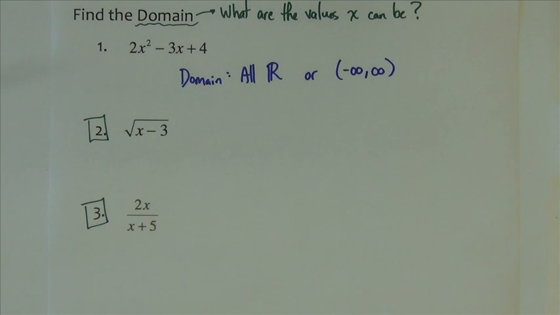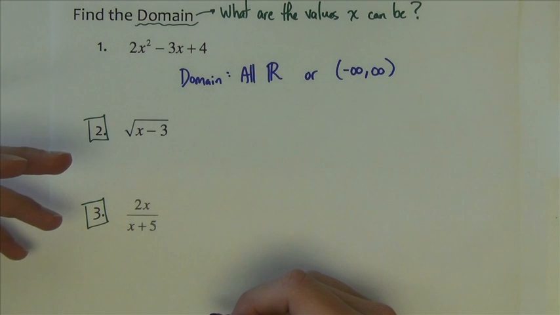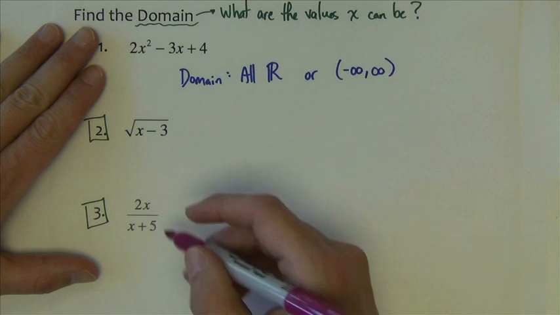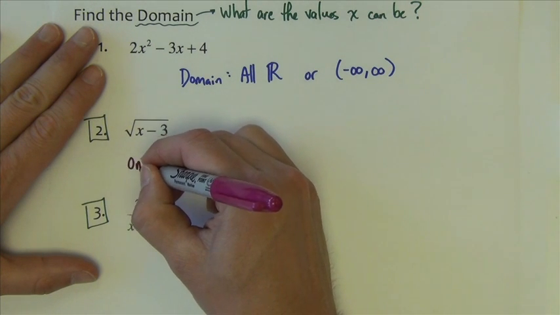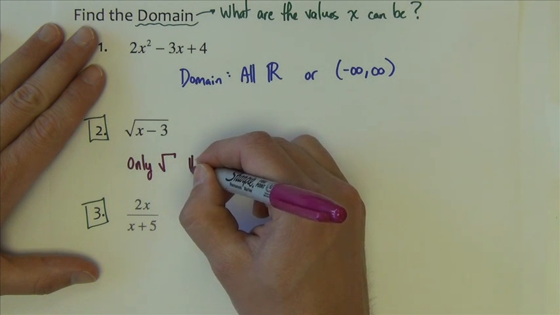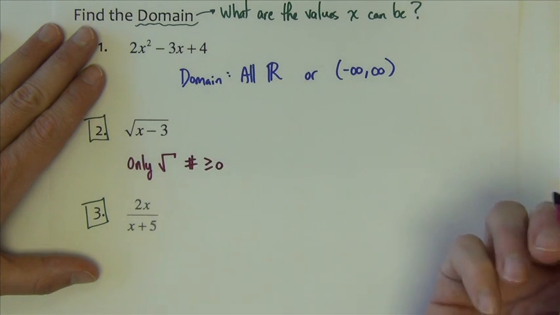Put anything in that I want, it's just fine. In the second example, because we have the square root, there are some problems inherent with that square root. You might remember from Algebra 2, unless we're opening this up to complex or imaginary numbers, we know that we cannot square root negatives. We can only square root numbers that are greater than or equal to 0.